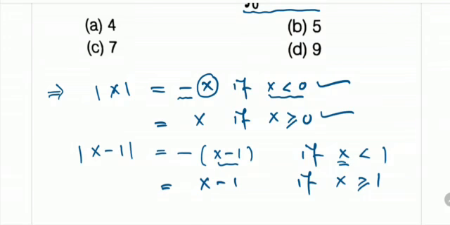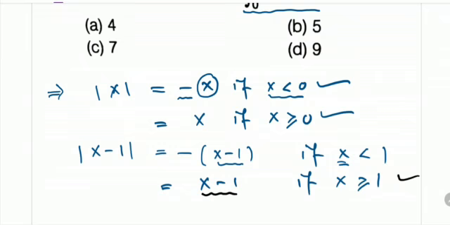So what will be 0 minus 1? It will be minus 1, but this minus outside makes minus and minus plus, right? So we get a positive value. Now if you take any value of x bigger than 1, say x equal to 3, 3 minus 1 will be 2, a positive value.